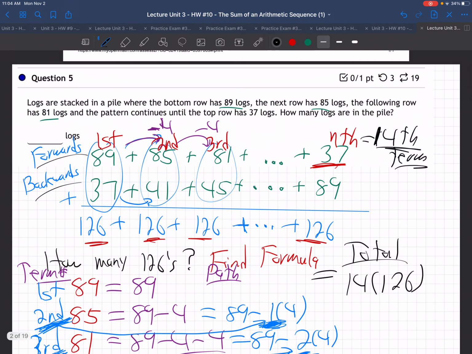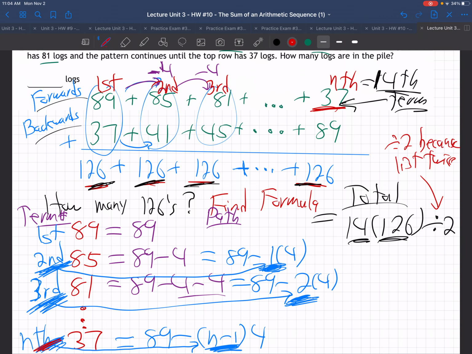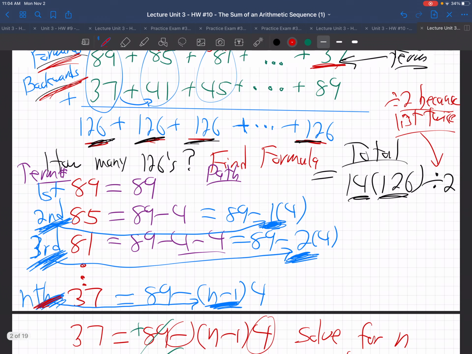So this 37 is the 14th term. There's 14 terms there. So it's 14 times, and each of these adds up to be 126. So it's 14 times 126, but don't forget, divide by 2. Why? We divide by 2 because it's the list twice, right? Because it's forwards and backwards. We've got to divide by 2 in the end.